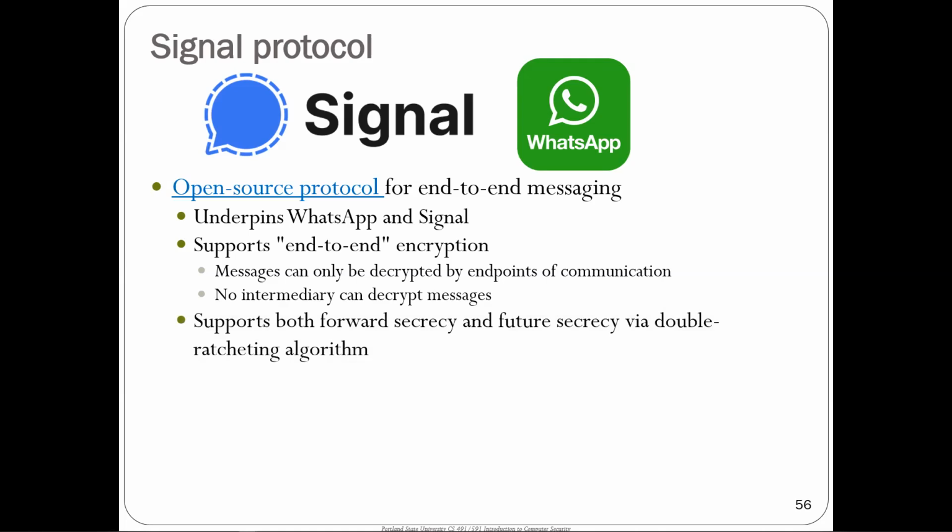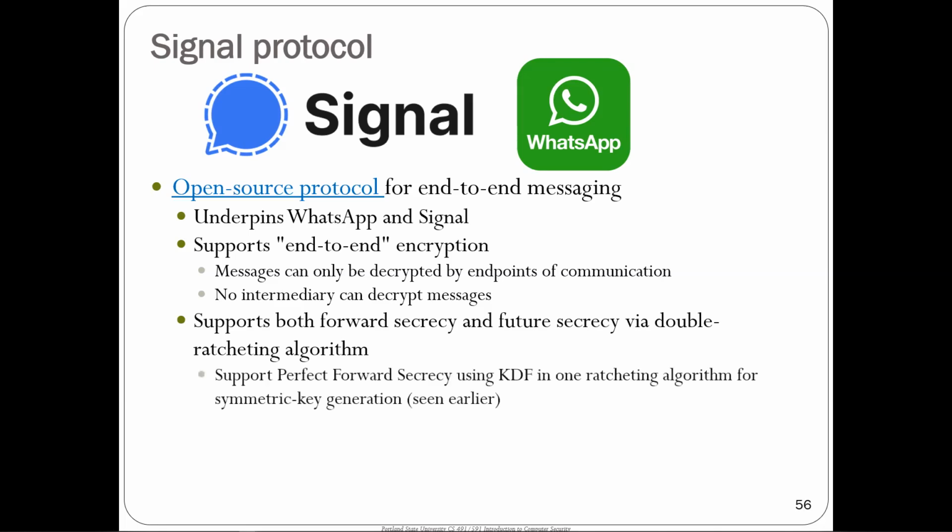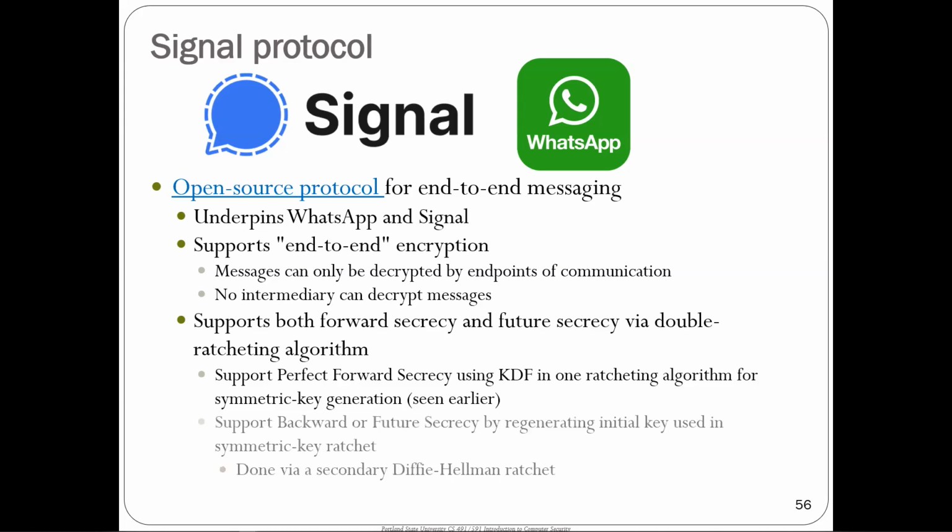And so it basically uses what's known as a double ratchet. It's a double ratcheting algorithm. And so what you do is you use the KDF, the key derivation function from before, to do perfect forward secrecy. And then you get future secrecy or post-compromise secrecy by regenerating the initial key used in the symmetric key ratchet.